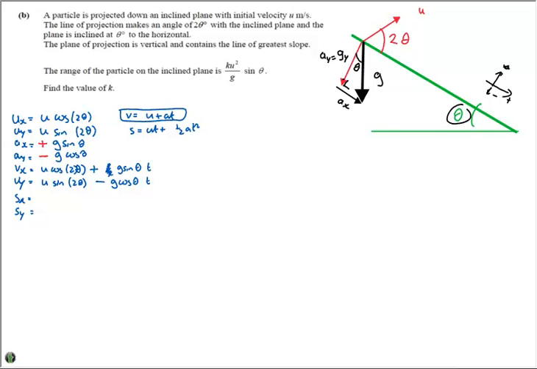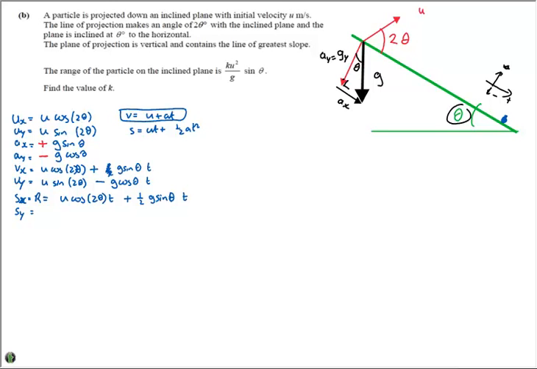S of x then is equal to, and this will be the same as the range, which comes into the question. So the range is k u squared over g. So the S of x is equal to, we'll sub that in now, ut, which is u cos 2 theta times time, plus 1/2 g sine theta t squared. And for y, this is going to be equal to 0 because when it hits the range, the y value will be 0 down here in the diagram.